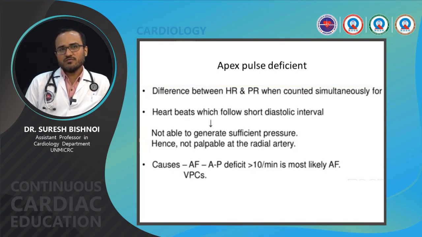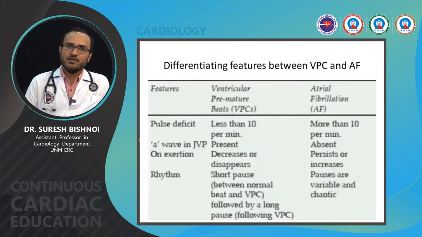So how do you differentiate whether the apex pulse deficit is due to AF or VPCs? There are 3 to 4 common differences. Generally, in VPCs the apex pulse deficit is less than 10 per minute, and in atrial fibrillation it is more than 10. But this is not a rule, just a generalized finding.